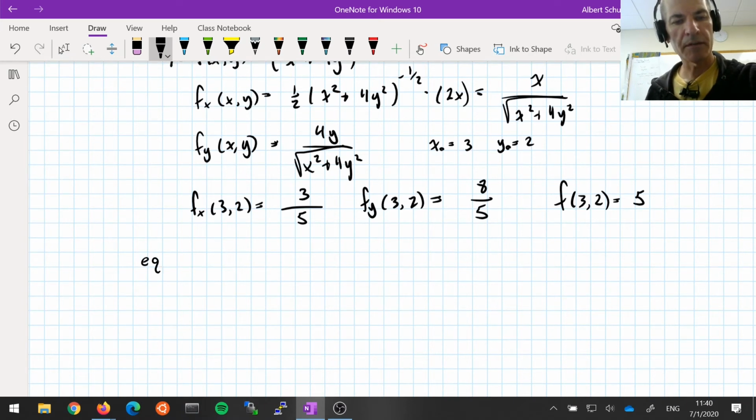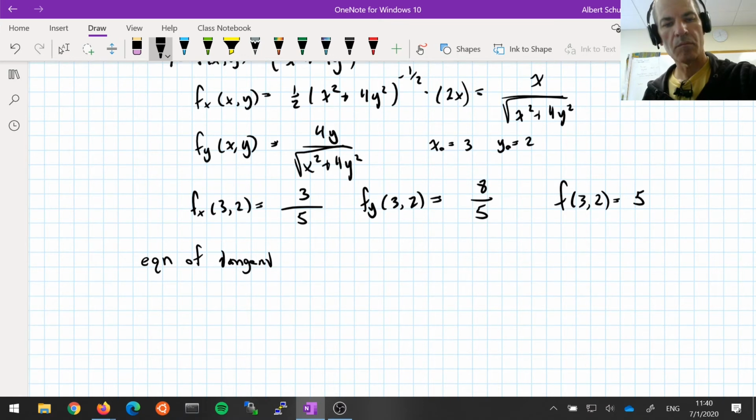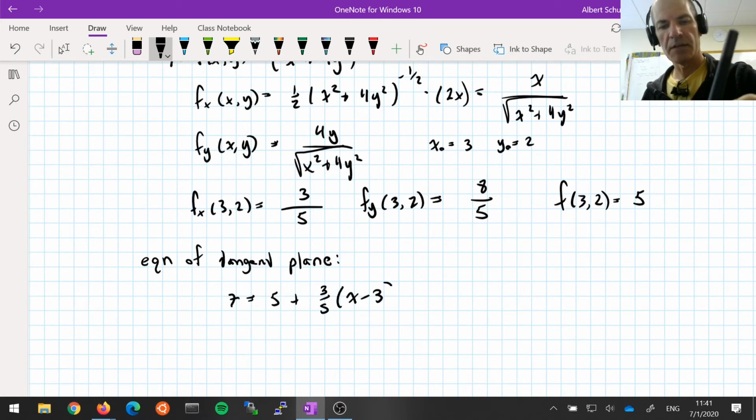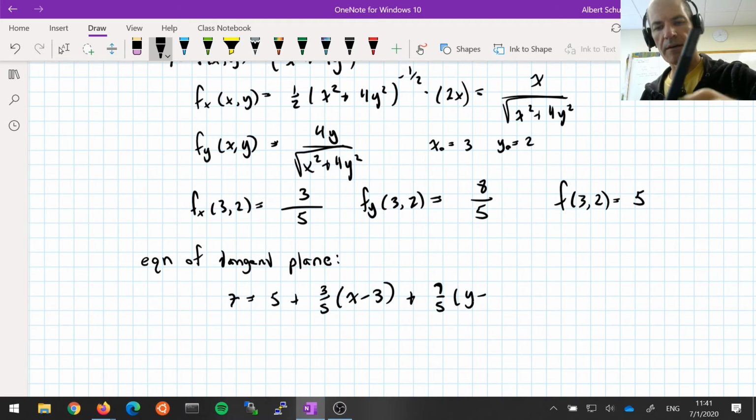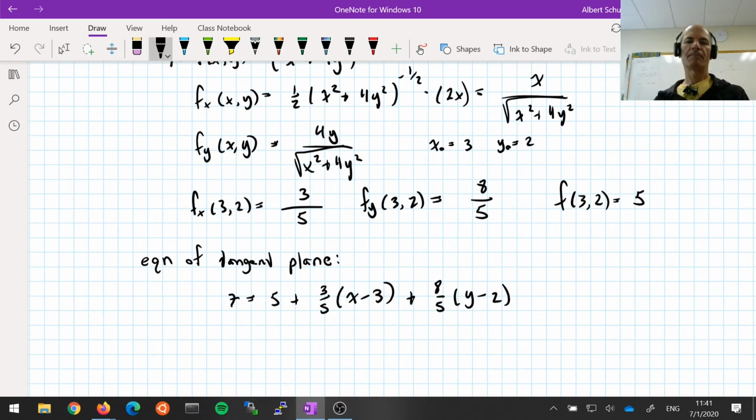The equation of the plane given by the formula is z equals 5 plus 3/5 (x minus 3) plus 8/5 (y minus 2). That's the equation of the tangent plane.